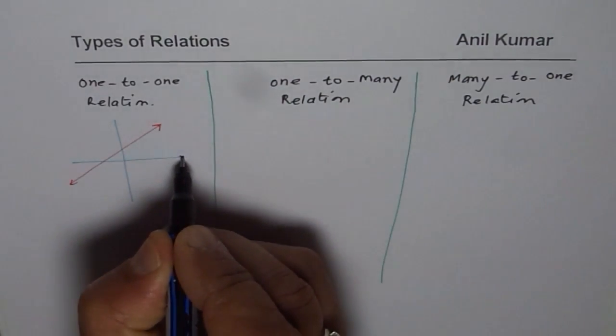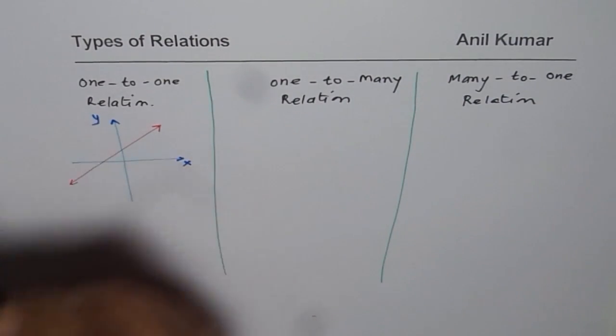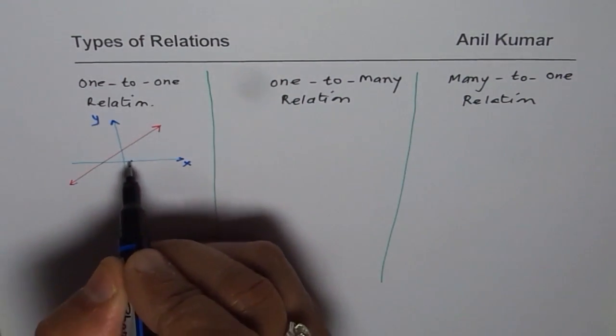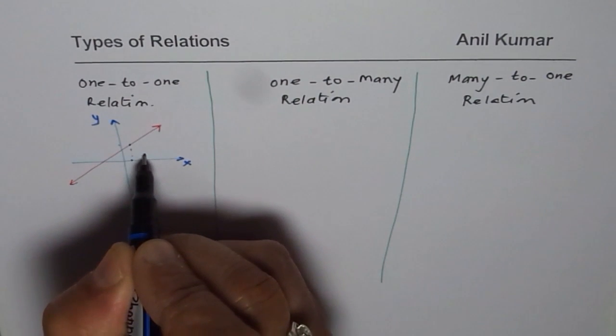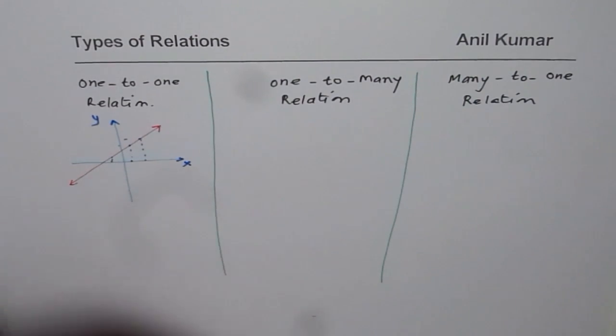We know x is the independent variable here, y is the dependent variable, and every x value on the x-axis is associated with a unique y value, right? So every point is associated with some unique value on y. So that is one-to-one correspondence, right?